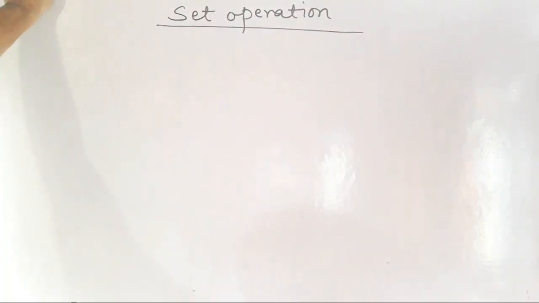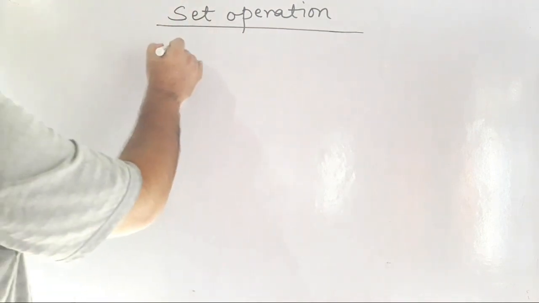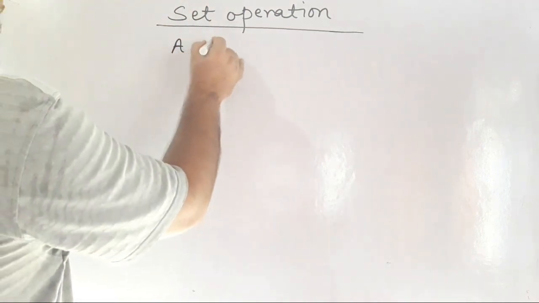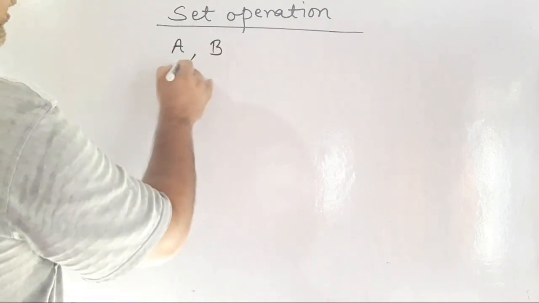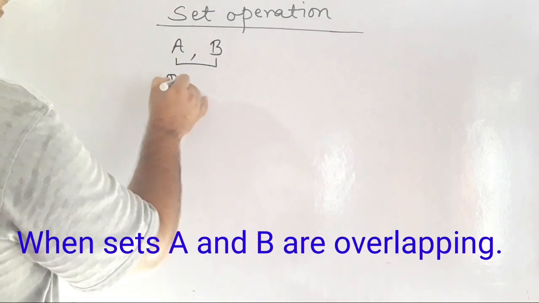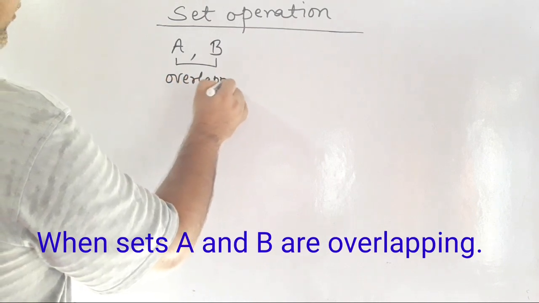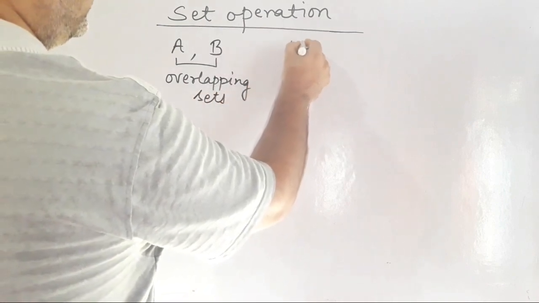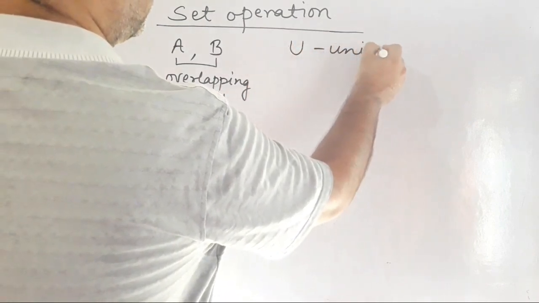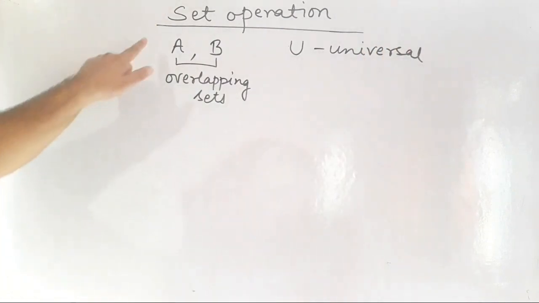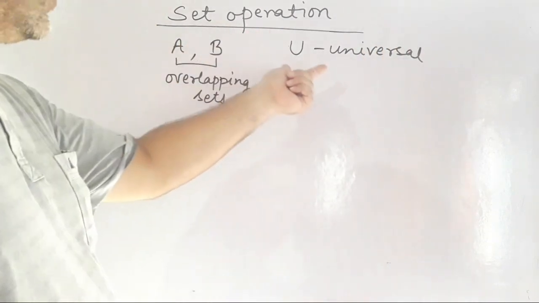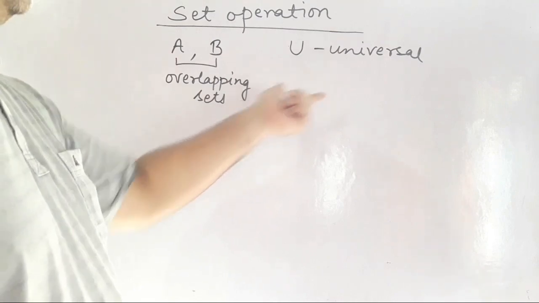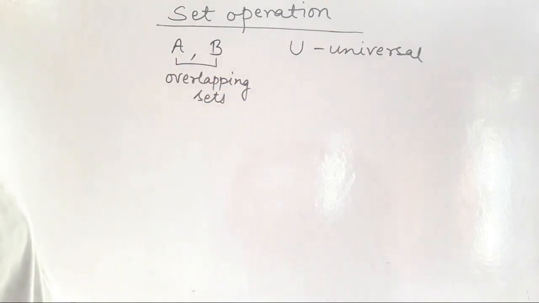Now let's learn the union of sets in a Venn diagram. Suppose A is a set and B is another set, and these two sets are overlapping sets. And U is a universal set. A and B are subsets of the universal set. Then how do we make the Venn diagram of such sets?